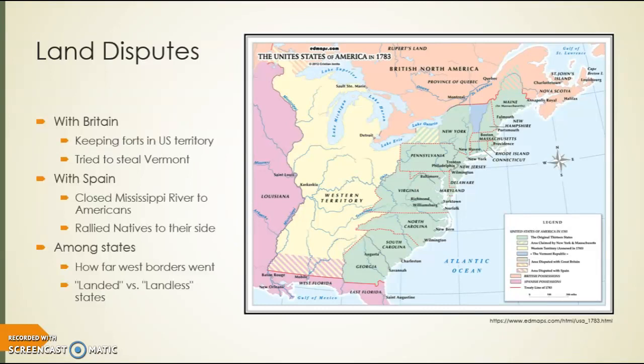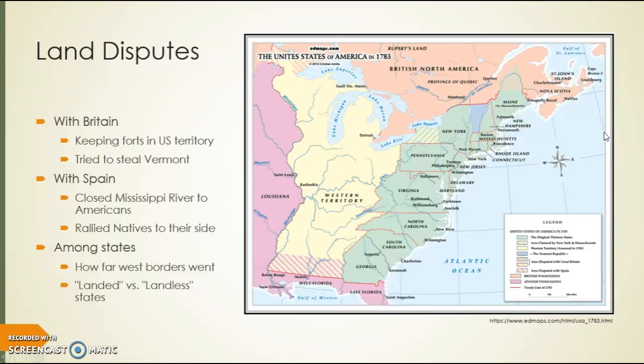Another issue is that Great Britain tried to steal Vermont. You'll see Vermont is blue here, and it says the Vermont Republic. For about 14 years, Vermont was like an independent nation. It didn't belong to the United States.